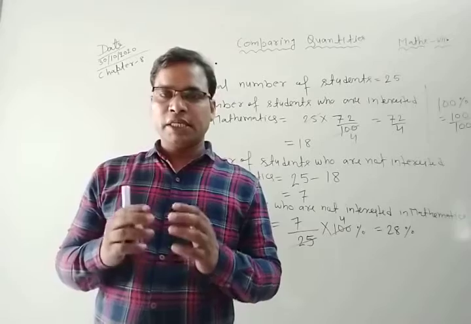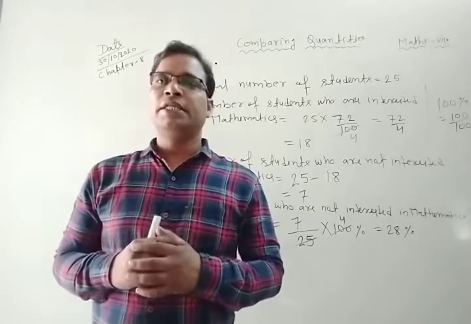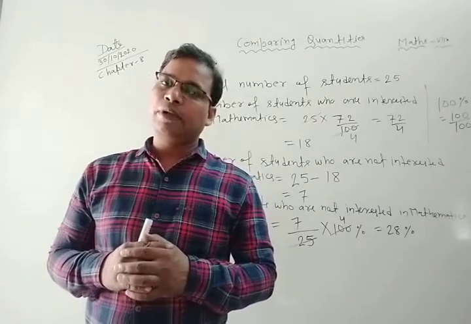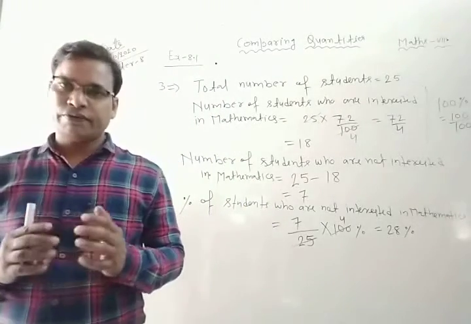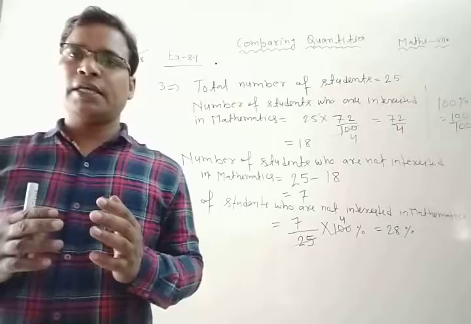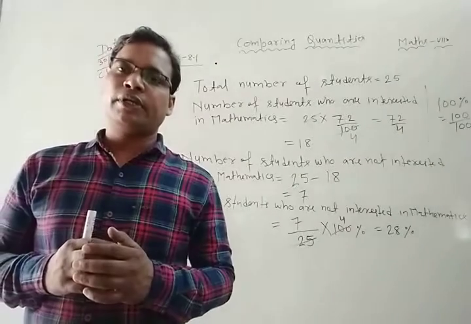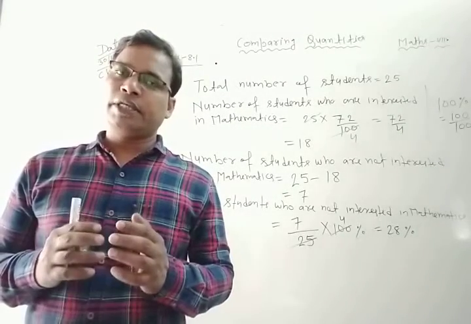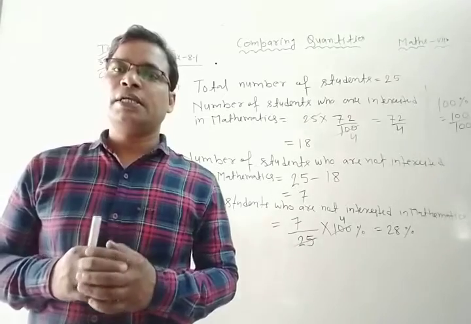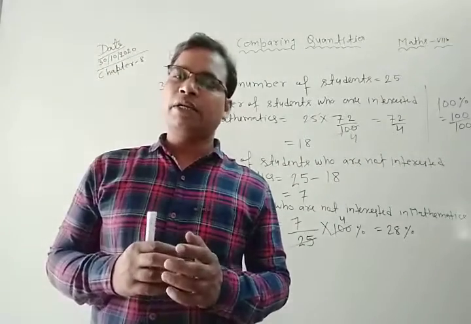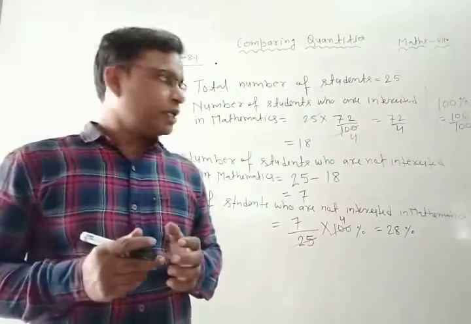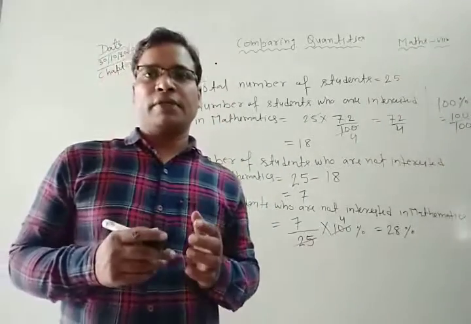It is not clear how many matches they played, but it is clear that they won 10 matches. It is given that their win percentage was 40%. Then how many matches did they play in all? So we need to find the total number of matches they played.